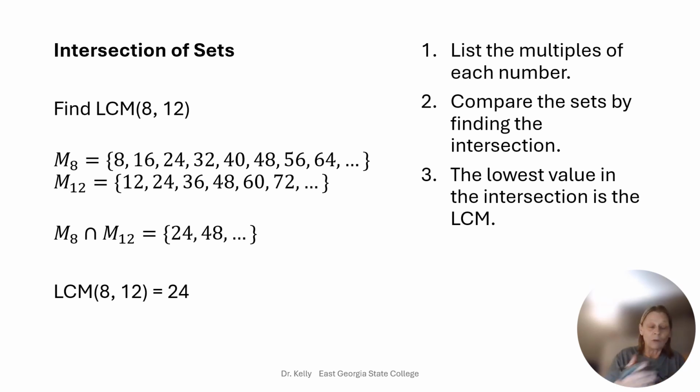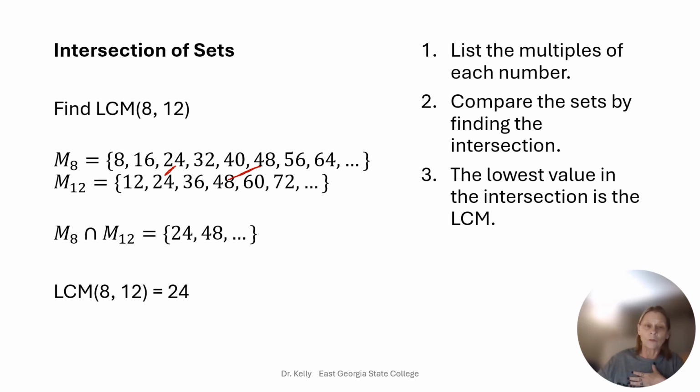After you have listed out a reasonable number of multiples of each number under investigation, you look for the intersection of those sets just like we did before. Our first pair that intersect is 24, and then 48 is also a pair.